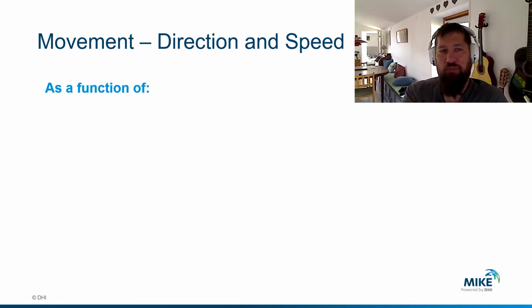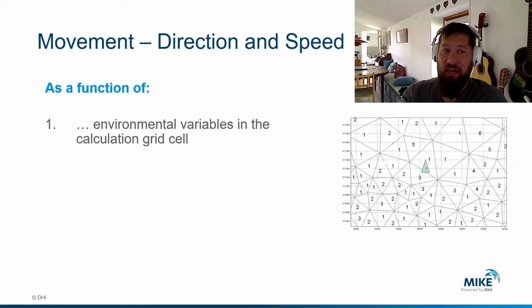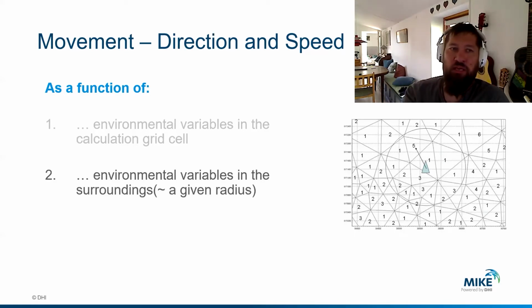So the movement is usually a function of the environmental variables from the grid cell that it is occupying. It's also a function of the environmental variables of the agent's surroundings. It means that it can sense what is in the near surroundings, and you define the area of sense.